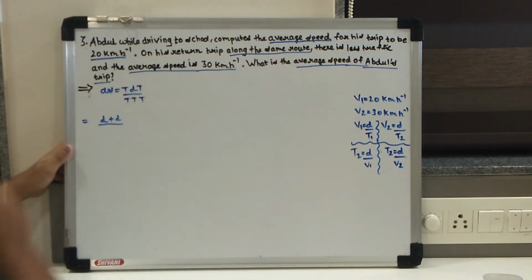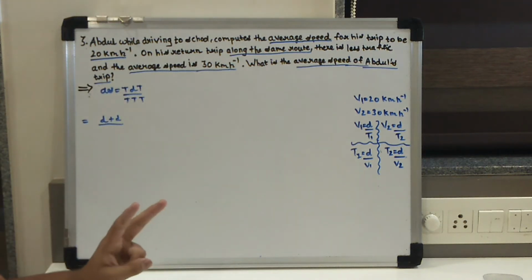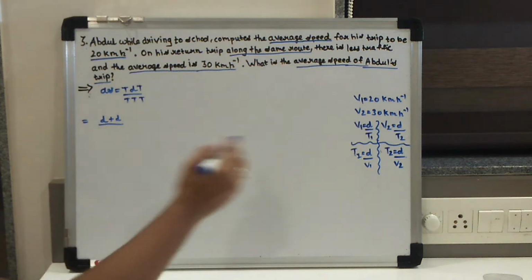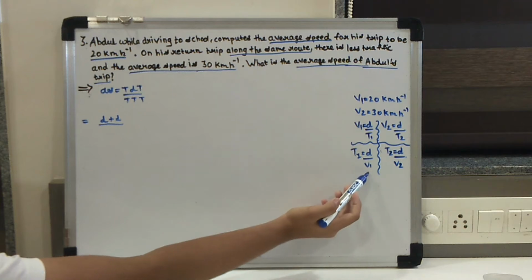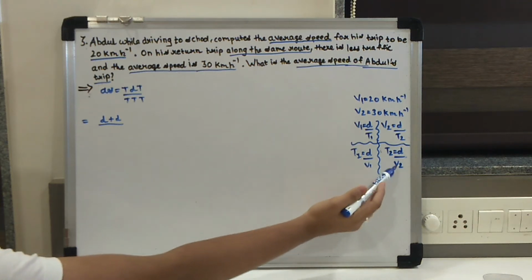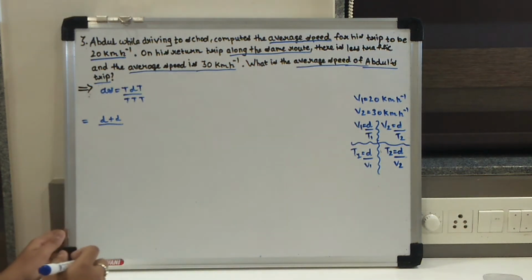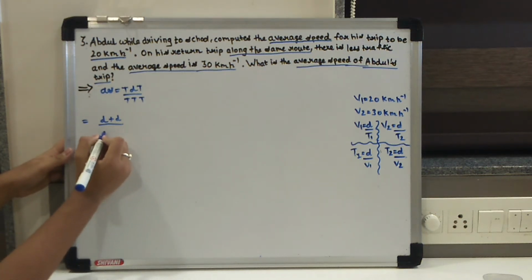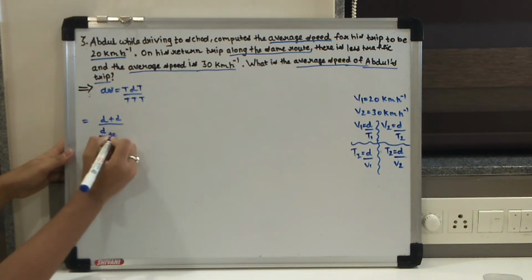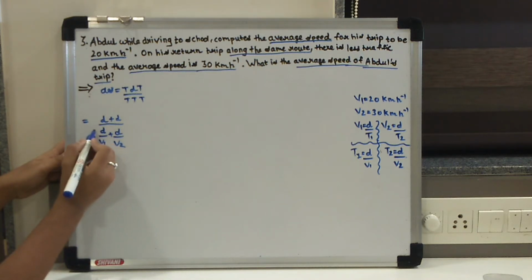Upon time. We have two velocities, so we will also have two times: t1 is equal to d upon v1 and t2 is equal to d upon v2. And remember that time is never subtracted, it is always added. So the time will be d upon v1 plus d upon v2.